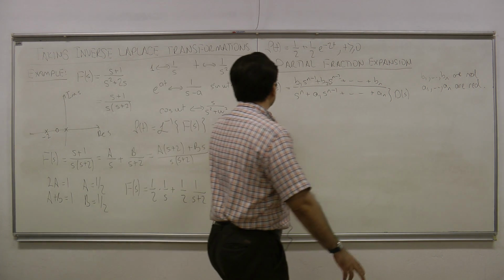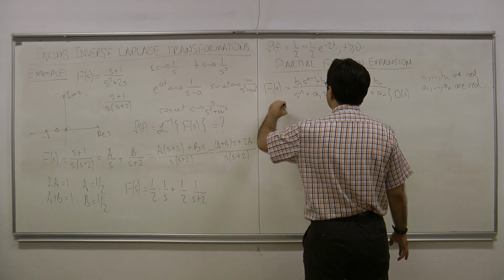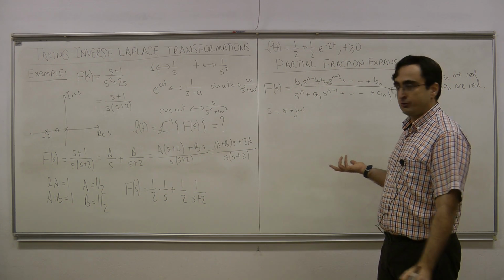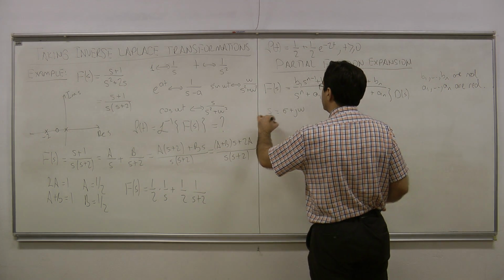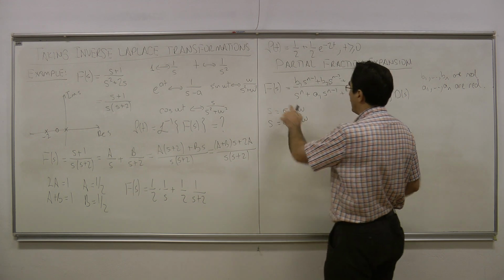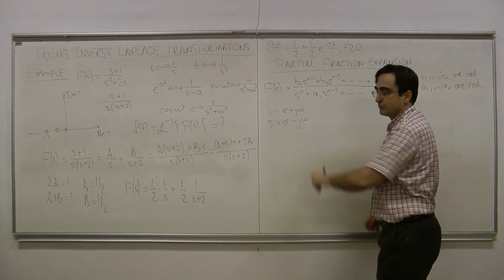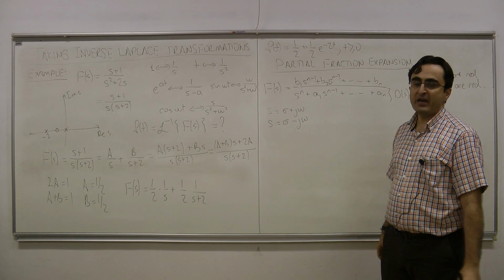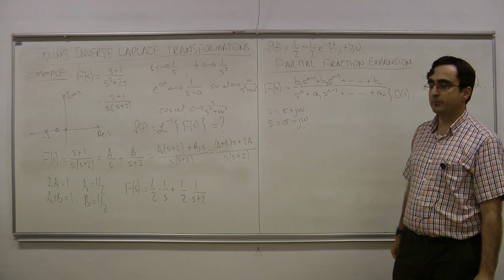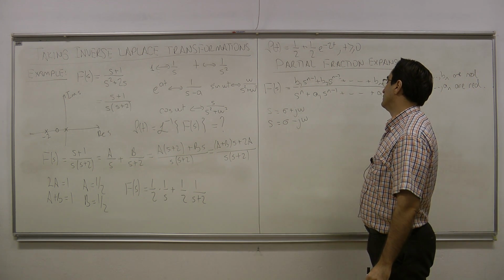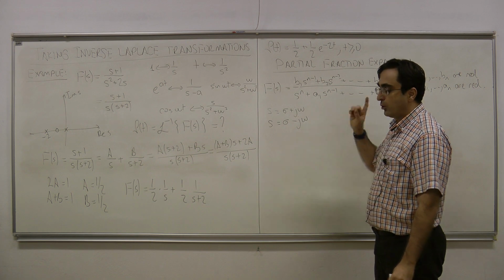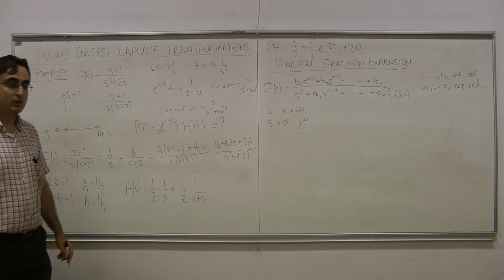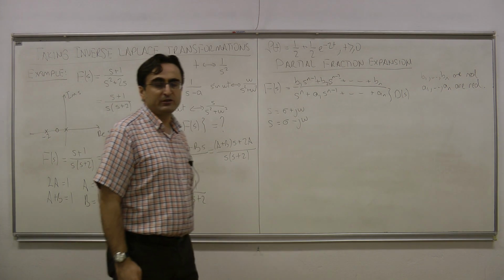If you have a root at s equals sigma plus j omega, then we will have another root of the same polynomial, which is the complex conjugate of this. So complex roots will always come in pairs. As a result, when we have a complex pole, we always know that its complex conjugate is also going to be a pole. The same is true for the zeros as well.